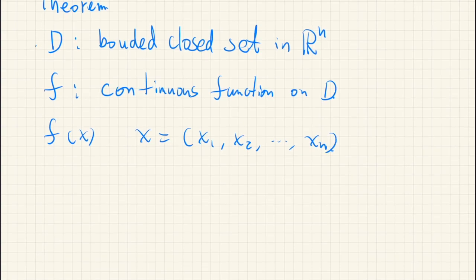If f is a continuous function defined on a bounded closed set, then f(x) is actually uniformly continuous on D.